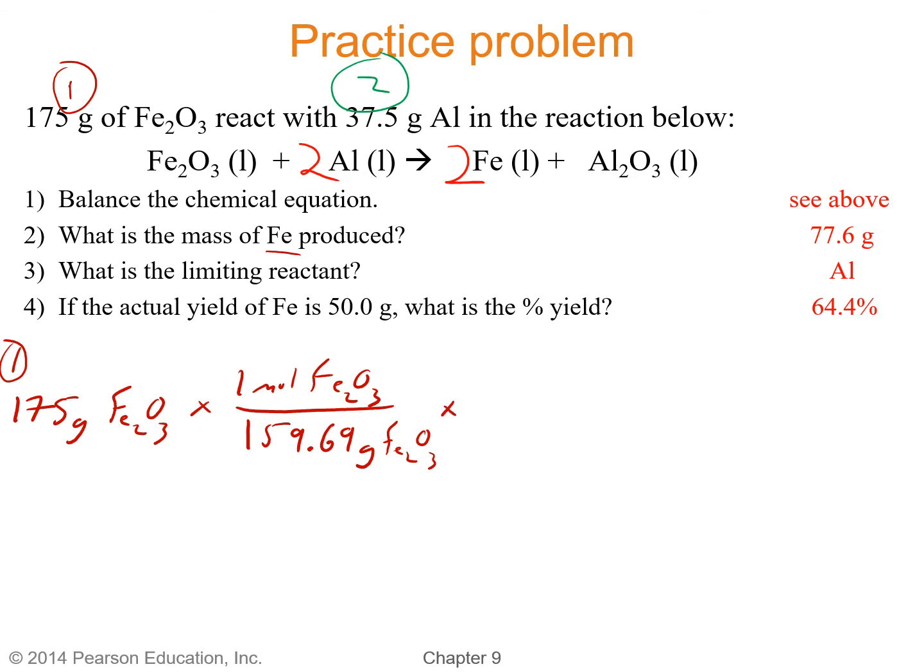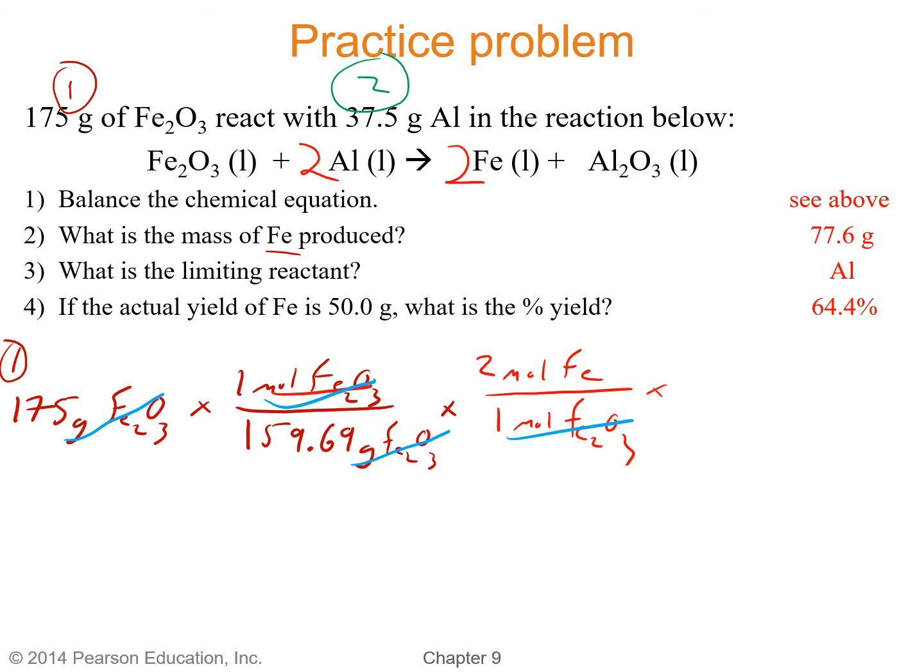Times. So now we need to convert this moles of iron 3 oxide to moles of iron, because we can see that the grams of iron 3 oxide cancel out with grams of iron 3 oxide here. We can see that easily because we wrote the chemical names. So our mole ratio is 2 moles of iron to 1 mole of iron 3 oxide. And so mole of iron 3 oxide and mole of iron 3 oxide cancel.